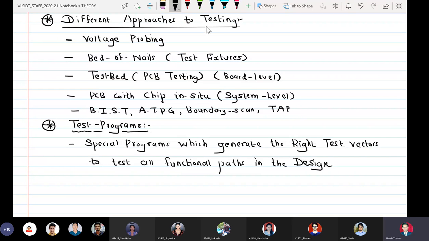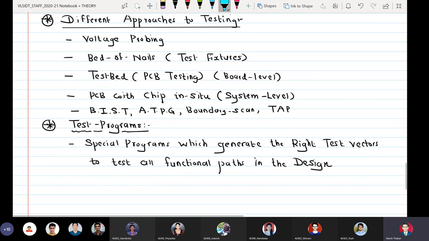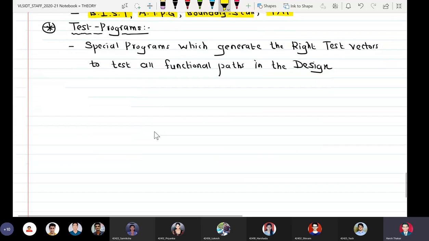All of them are a part of our syllabus. So BIST, ATPG, boundary scan, TAP, probing, bed of nails, PCB testing, system level testing. Now we come to the next classification, which is called type of faults.